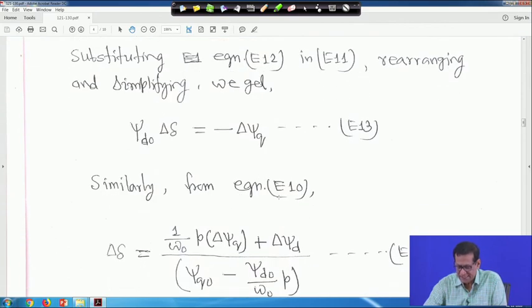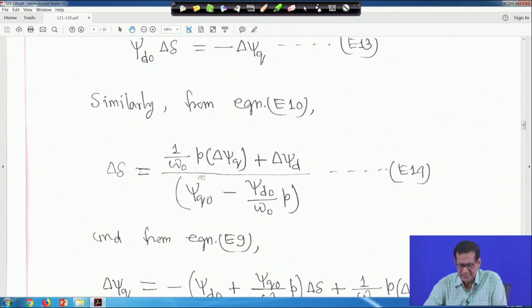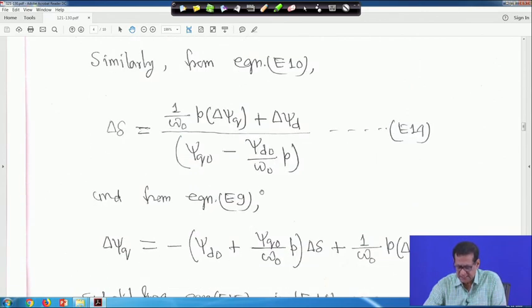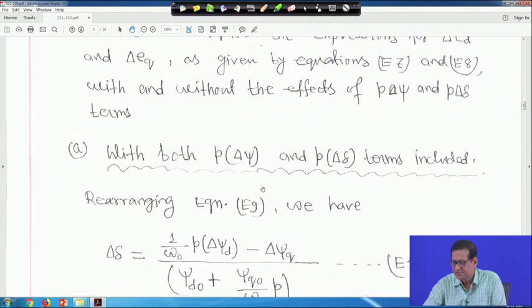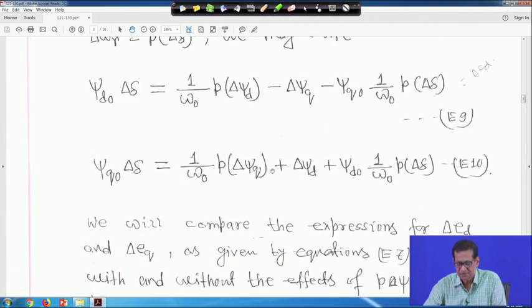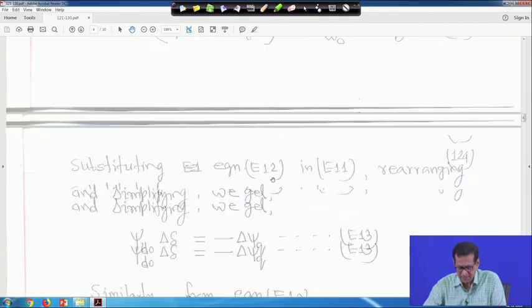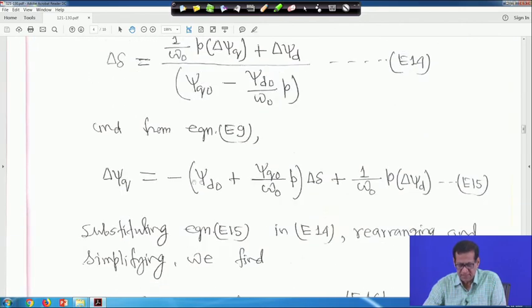Similarly, from equation E10, if you rearrange it, you will get delta delta is equal to 1 upon omega 0 P delta psi q plus delta psi d upon psi q 0 minus psi d 0 upon omega 0 P. This is equation E14. And from equation E9, you will get delta psi q is equal to minus, in bracket, psi d 0 plus psi q 0 upon omega 0 P delta delta plus 1 upon omega 0 P delta psi d.